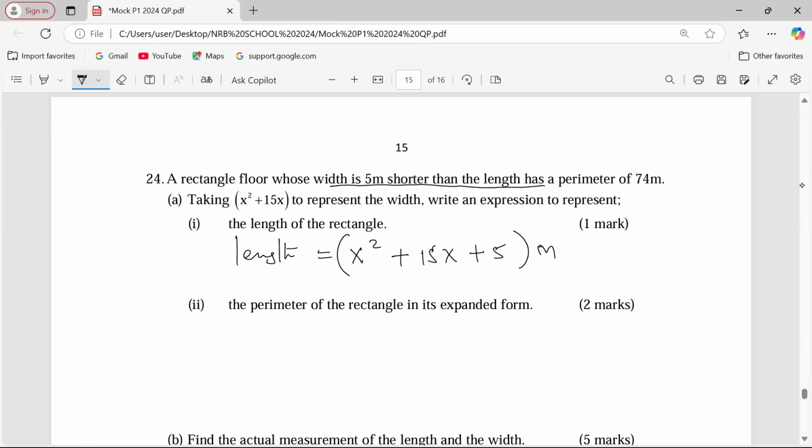Then we write another expression representing the perimeter. Generally, the perimeter of a rectangle is 2 times length plus width. So we say 2 into length plus width.